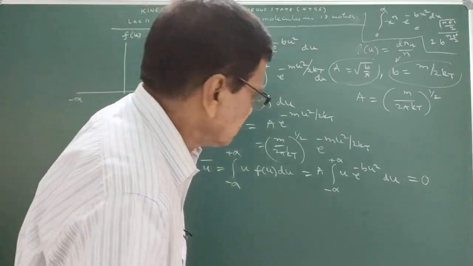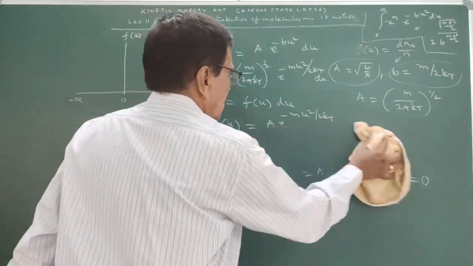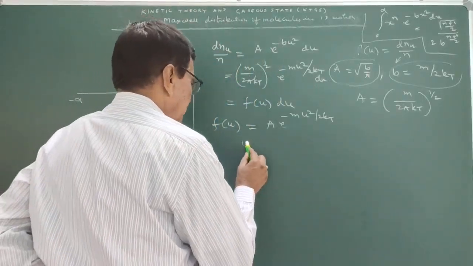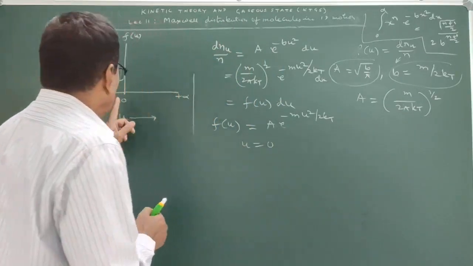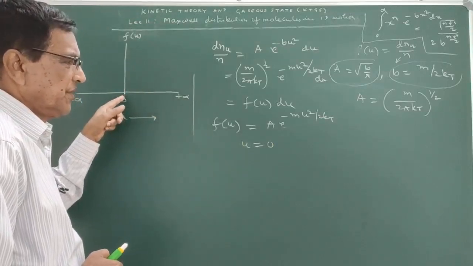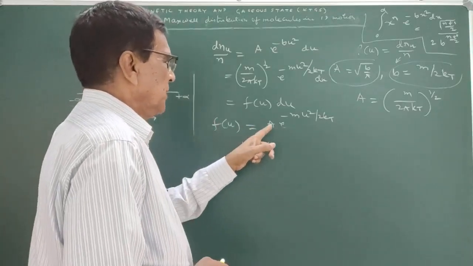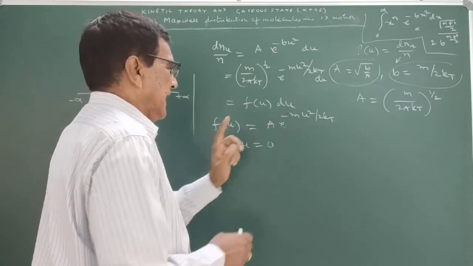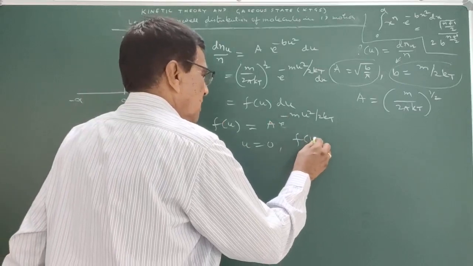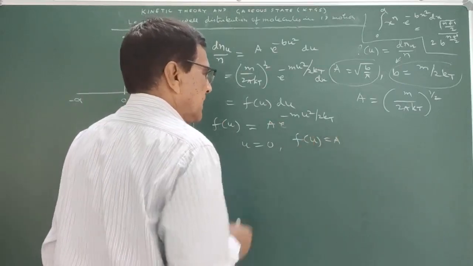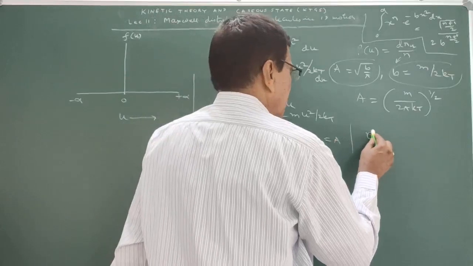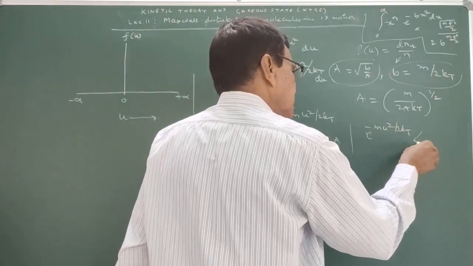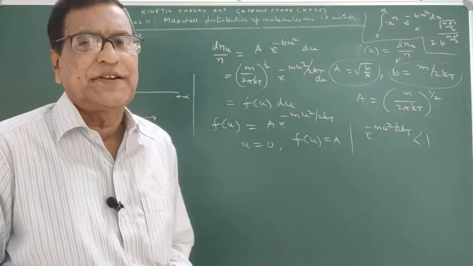When u equal to 0, then F(u) equal to A e to the power 0, which is equal to 1, so F(u) equal to A. And this e to the power minus mu square by twice kT is always less than 1, always a fraction.